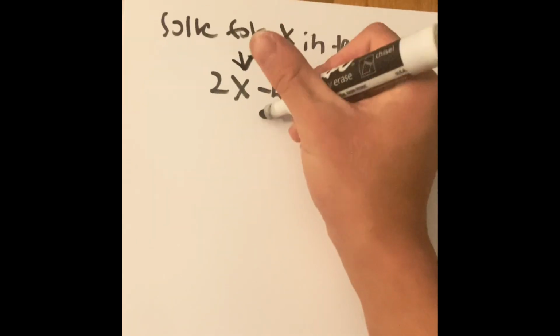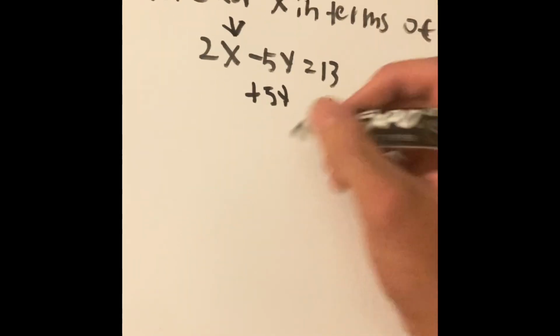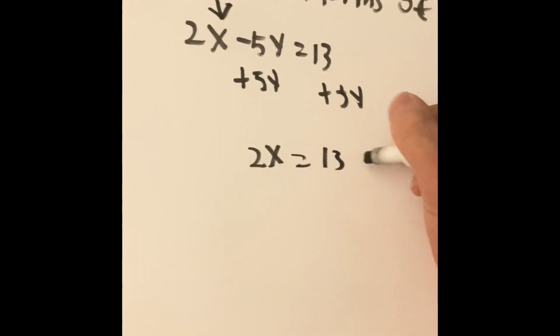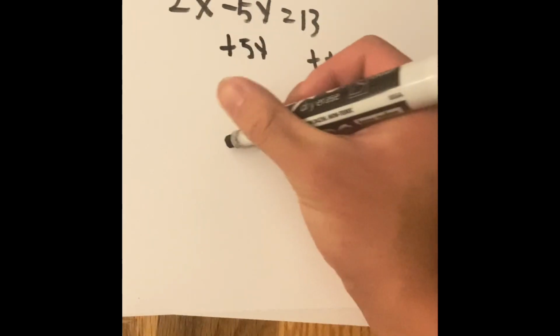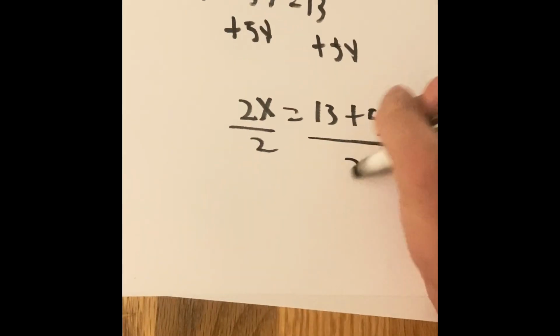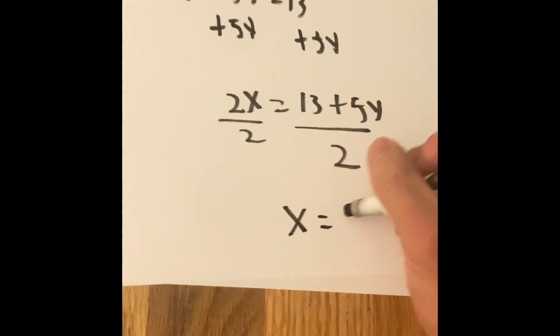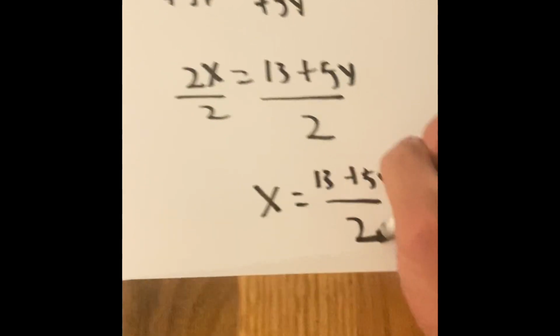So we have to add 5y on both sides. 2x equals 13 plus 5y. Divide everything by 2. So we get x equals (13 plus 5y) divided by 2.